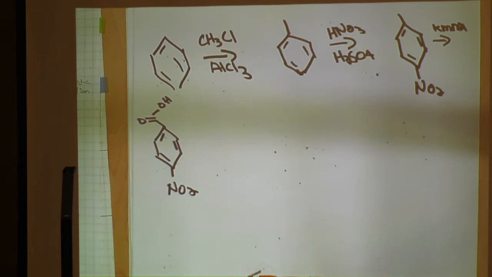It's there first to direct. So you always go based off the substituent that's already on. Once they're already attached, that's when you would direct. Does that make sense? It doesn't direct itself, it directs other substituents that are coming on after it.